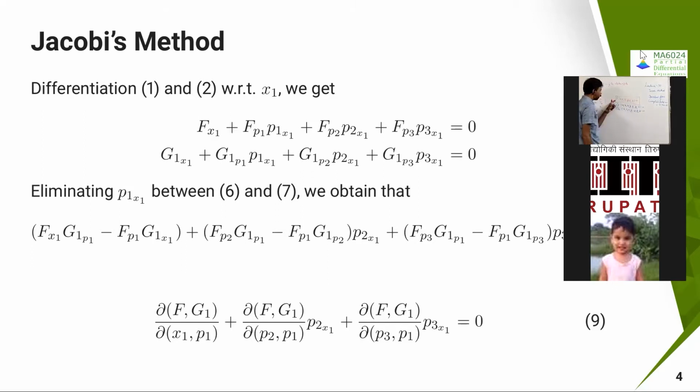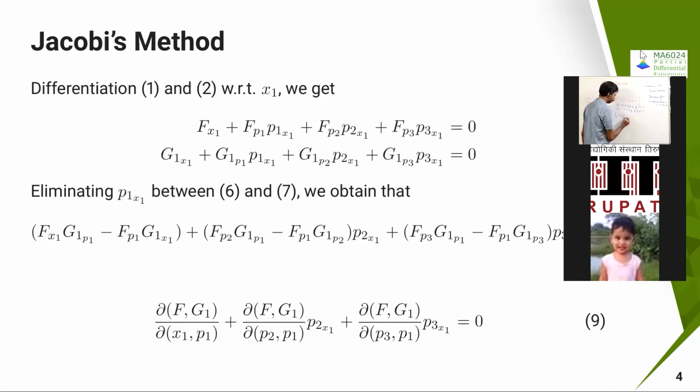Now I'm going to differentiate this one with respect to x1. Therefore, I'm going to have fx1, plus fp1 into p1 suffix x1.